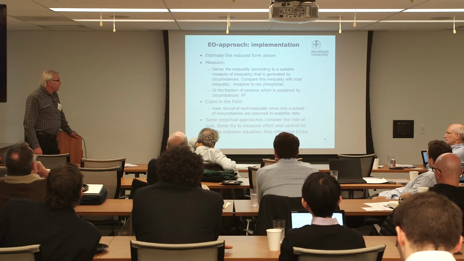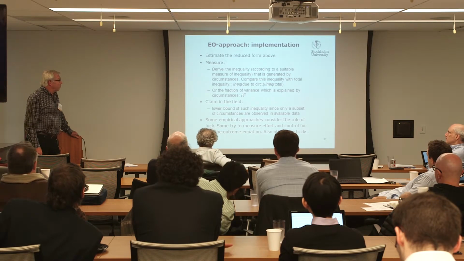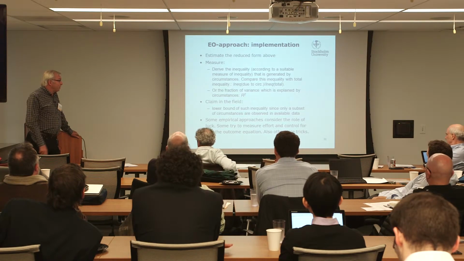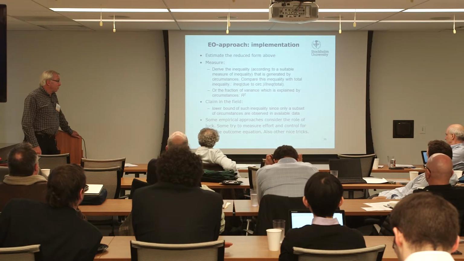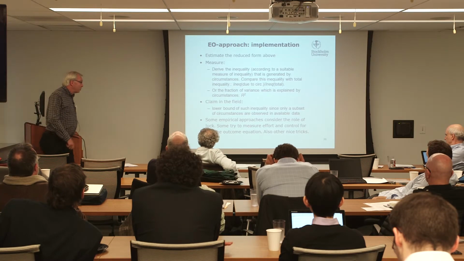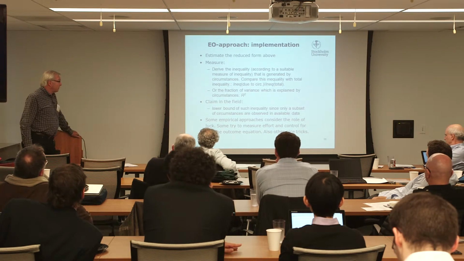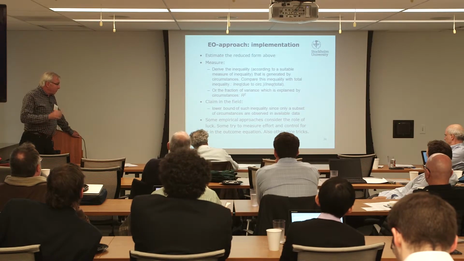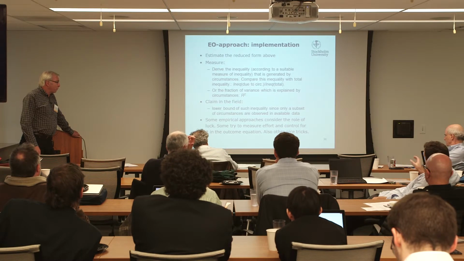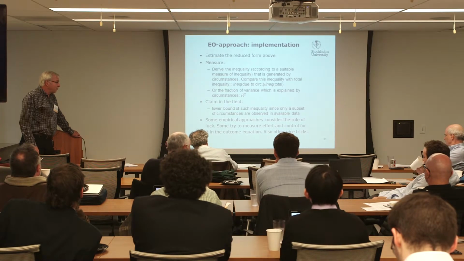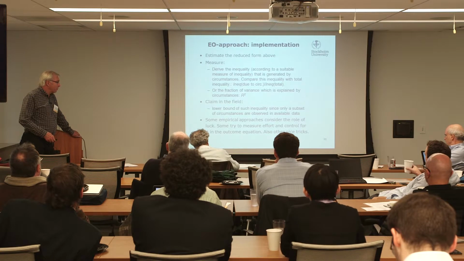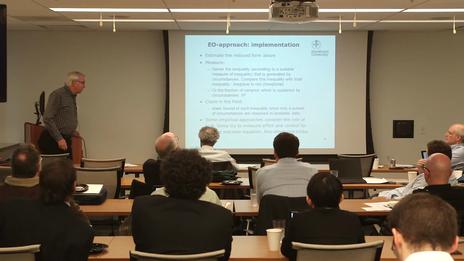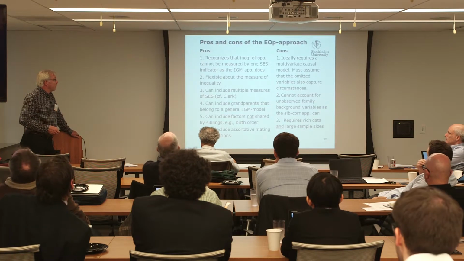So you estimate the reduced form, you measure this, and it's a very common claim in this literature that this is a lower bound of such inequality, since only a subset of circumstances are observed in available data. Then, of course, there are also many other approaches here. Some consider the role of luck, some try to measure effort and control for it in the outcome equation, and there are also a lot of other quite nice tricks used here. But this is enough for now.